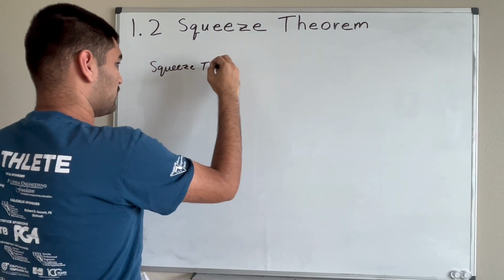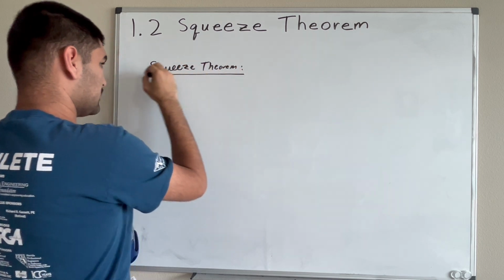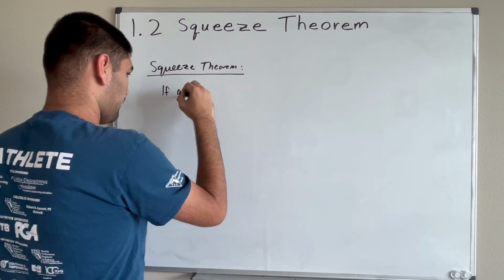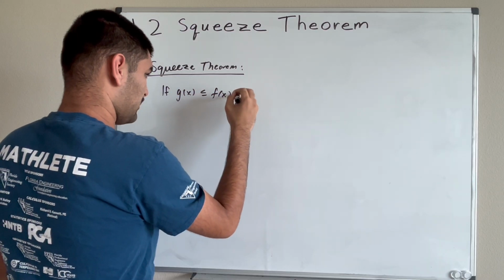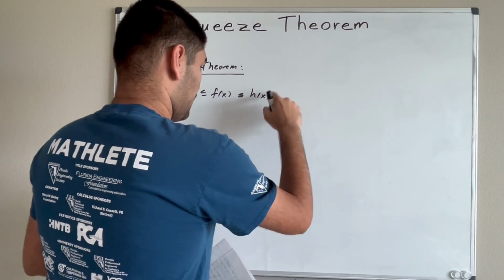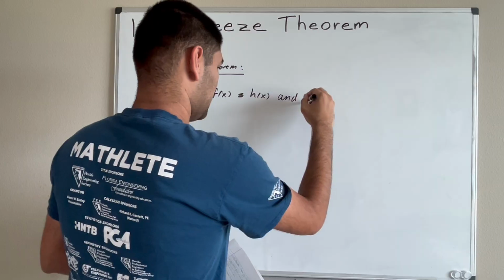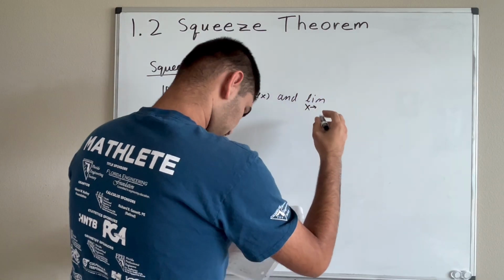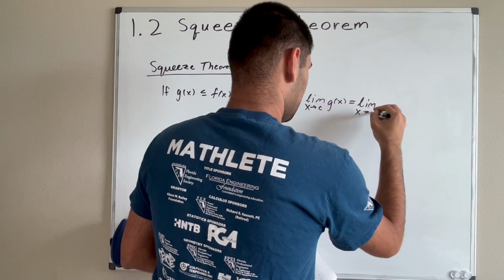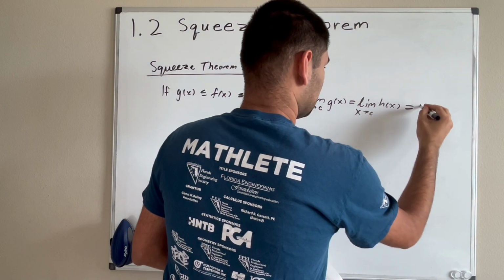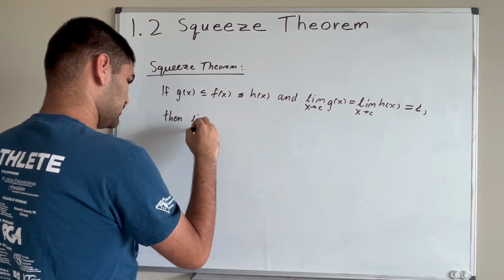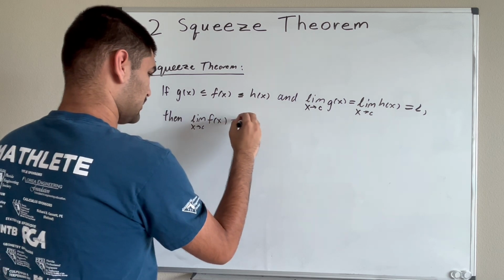The squeeze theorem says that if you have functions g of x is less than or equal to f of x is less than or equal to h of x, and the limit as x approaches c of g of x equals the limit as x approaches c of h of x equals L, then the limit as x approaches c of f of x equals L.